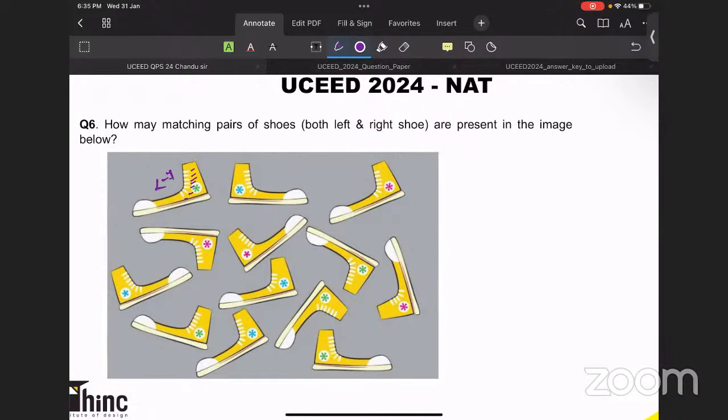Sorry, a small network issue happened in between. Sorry for the inconvenience. Okay, fine. Over here, just give importance to counting the stripes also.